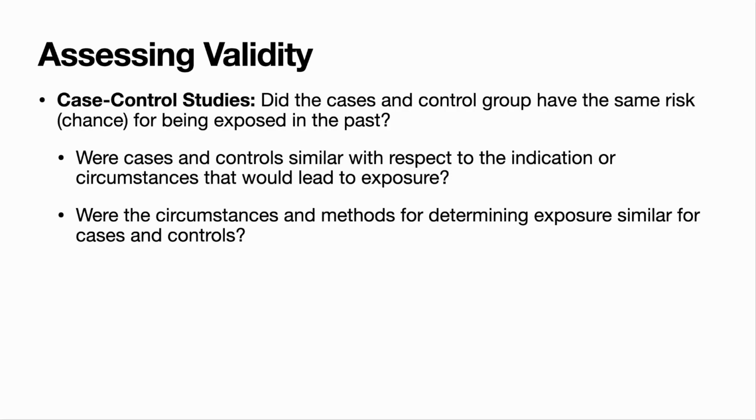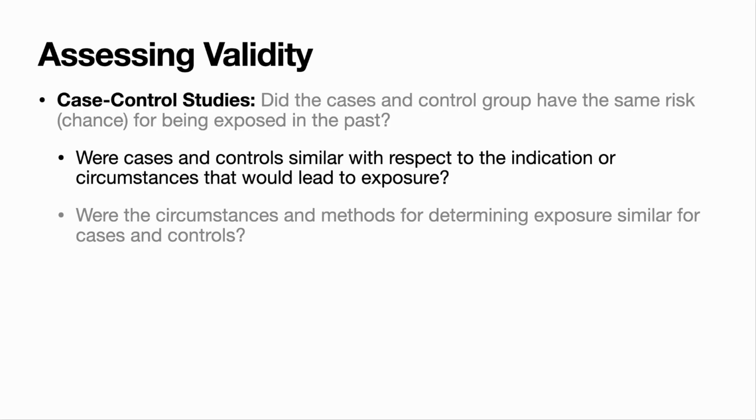So our main question that we want to ask when we are assessing validity of a case control study is this top question right here. Did the cases and control group have the same risk or the same chance for being exposed in the past? To help us answer that question, we are going to ask the following two questions.